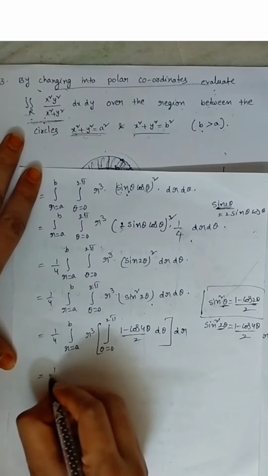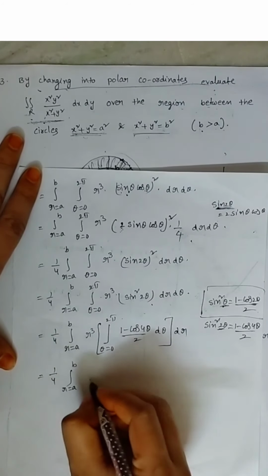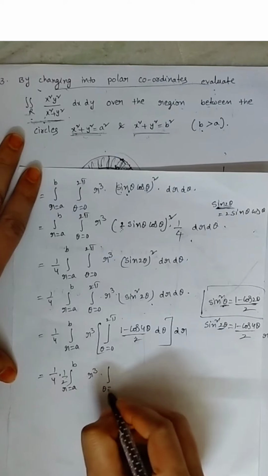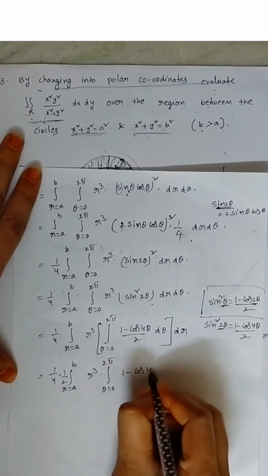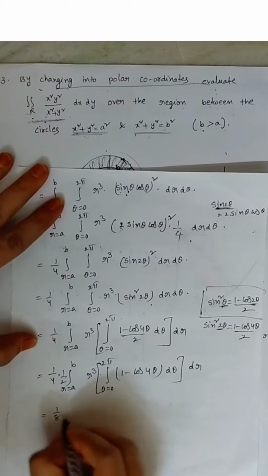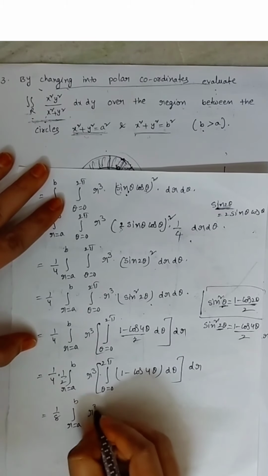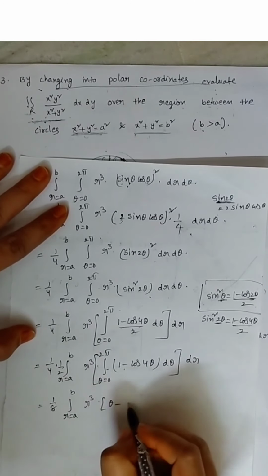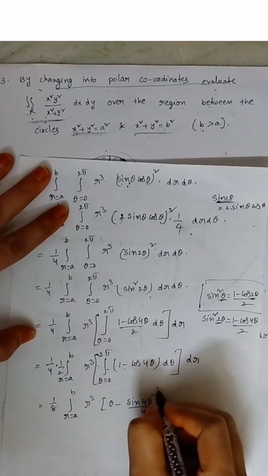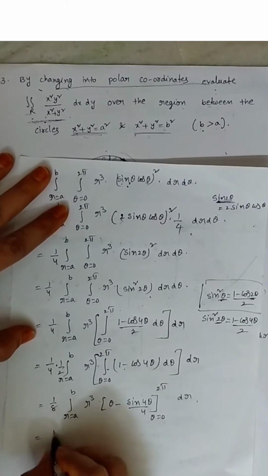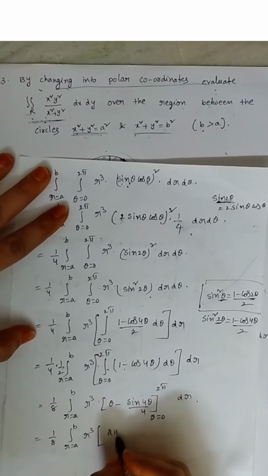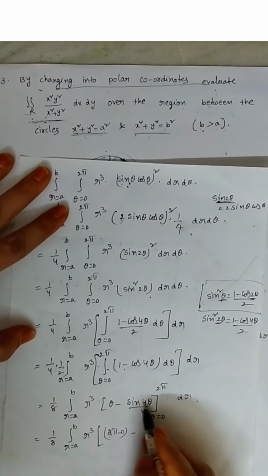This equals 1 by 4 integral r equals a to b, r cubed into, take 1 by 2 outside, 1 by 2 integral theta equals 0 to 2 pi, 1 minus cos 4 theta into d theta into dr. So this equals 1 by 8 integral r equals a to b, r cubed into integral of 1 means theta minus cos 4 theta integration is sin 4 theta by 4, limits theta equals 0 to 2 pi, into dr. 1 by 8 integral r equals a to b, r cubed, substitute upper limit 2 pi minus 0 minus sin 4 into 2 pi, sin 8 pi.